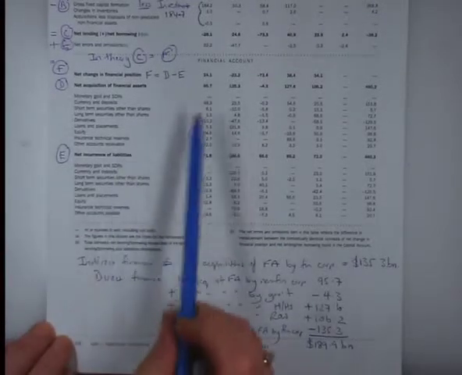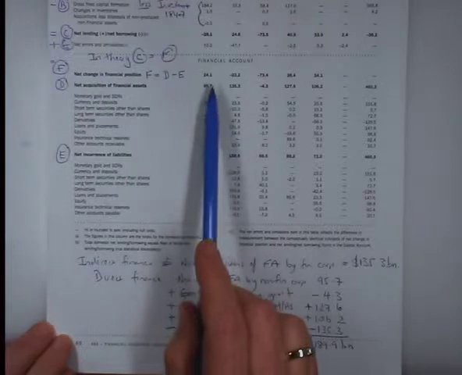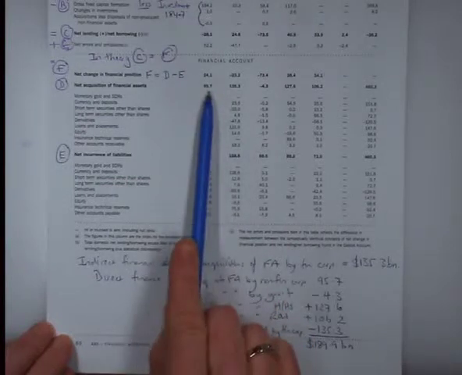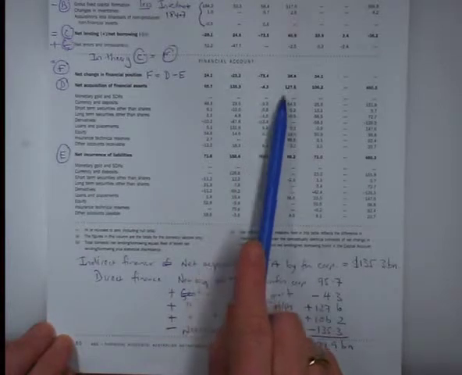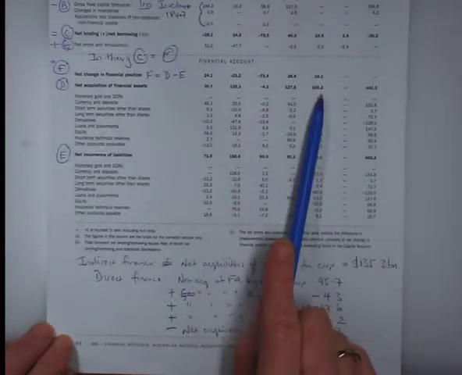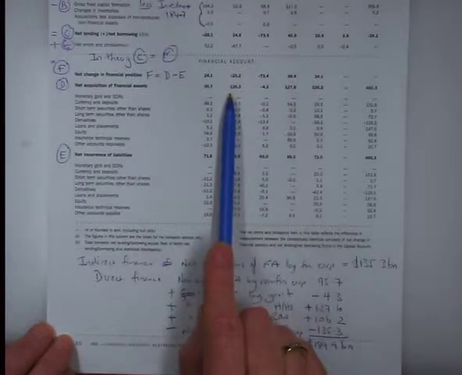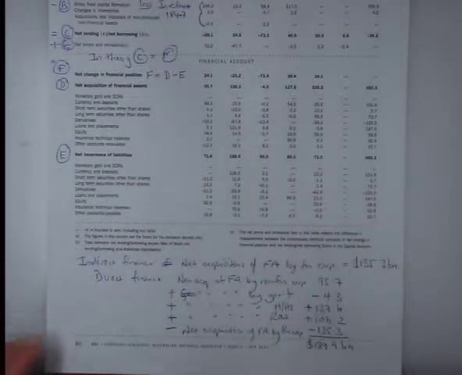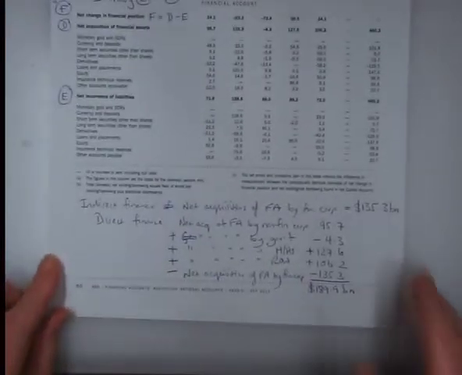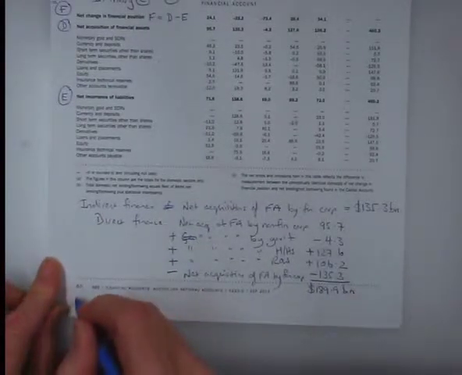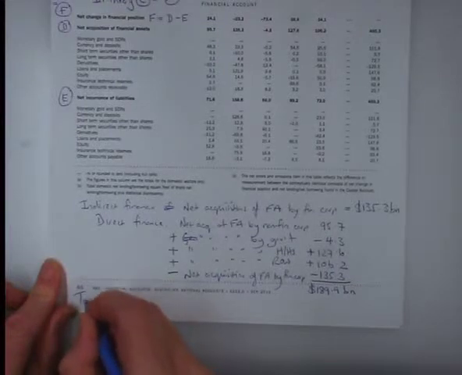So when we measure direct finance, we add up the net acquisition of financial assets by non-financial corporations, general government, households, and the rest of the world, and then we subtract the net acquisition of financial assets by financial corporations. But now we want to look at the relative importance of direct versus indirect finance.